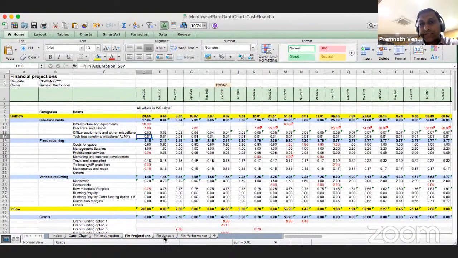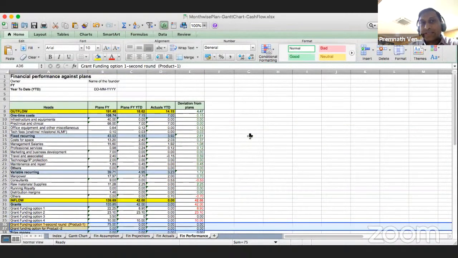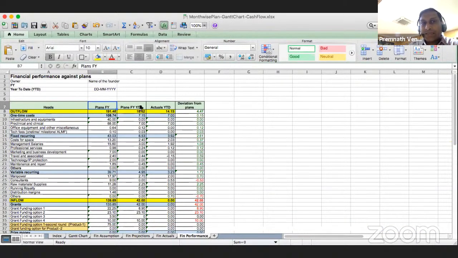So this is your projections, this is your actuals, and therefore when you're reporting to your board or tracking it for yourself, you might need something like this, which looks like a performance against your plans. This is the plan for the financial year, this is the plan for the year to date, and these are the actuals, and you'll compare the two to see how much you've deviated from your plan.